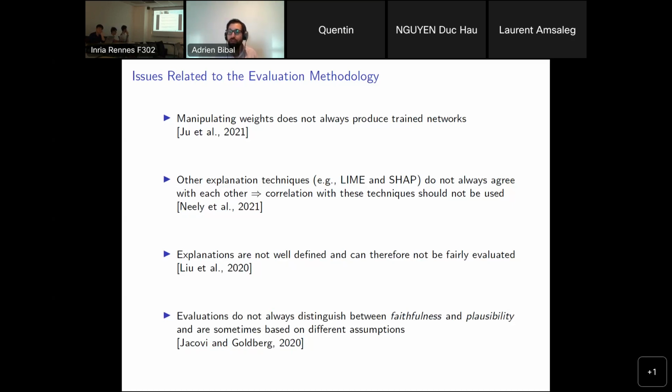The faithfulness of an explanation in machine learning means that the explanation is close to what the model is really doing. And that's what you want with an explanation. You want an explanation of a deep learning model to be close to what the deep learning model is really doing. Otherwise, it's not really an explanation of the deep learning model. So that's faithfulness. Plausibility is more concerned with users. And it's saying that the explanation should be plausible for the user.